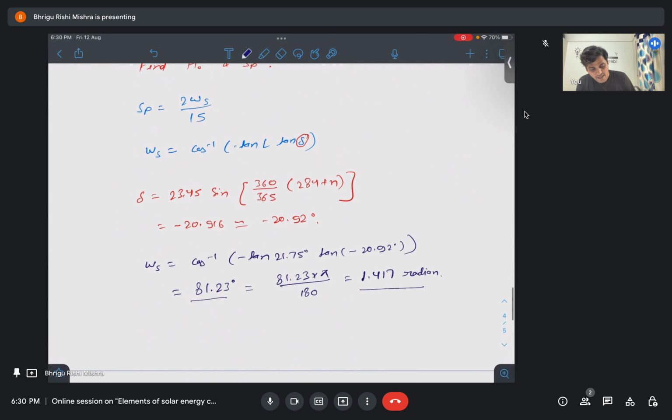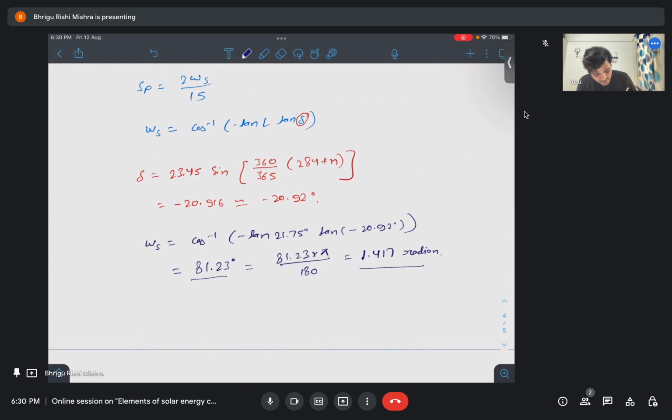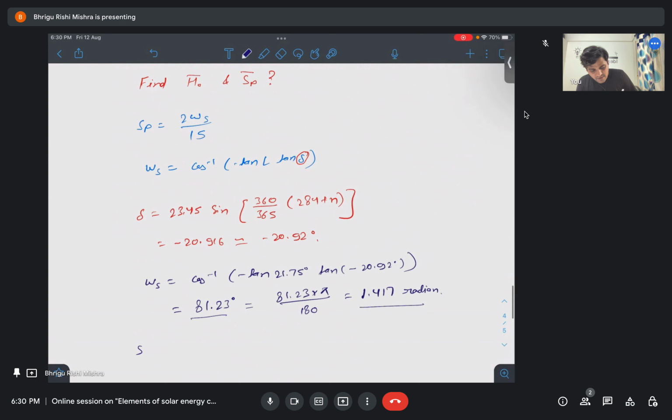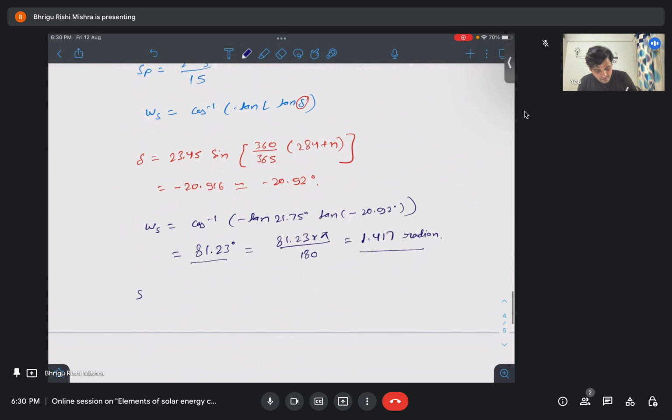Okay, now we have omega s, we can calculate S P bar. S P bar is 2 omega s by 15, and now omega s is 81.23, so 2 into 81.23 divided by 15, and it comes to around 10.83 hours.